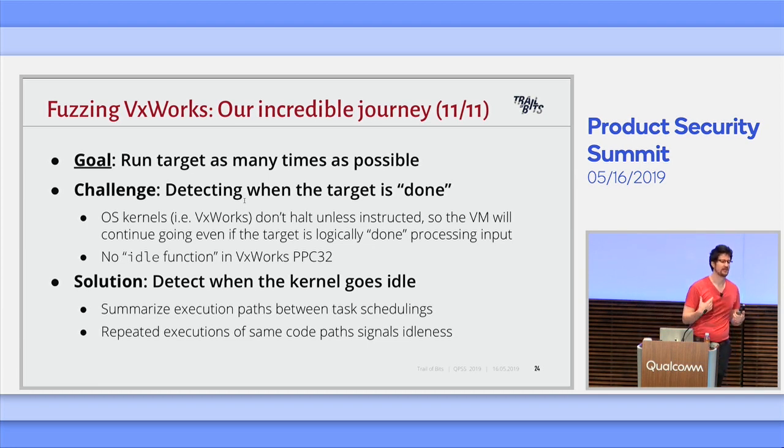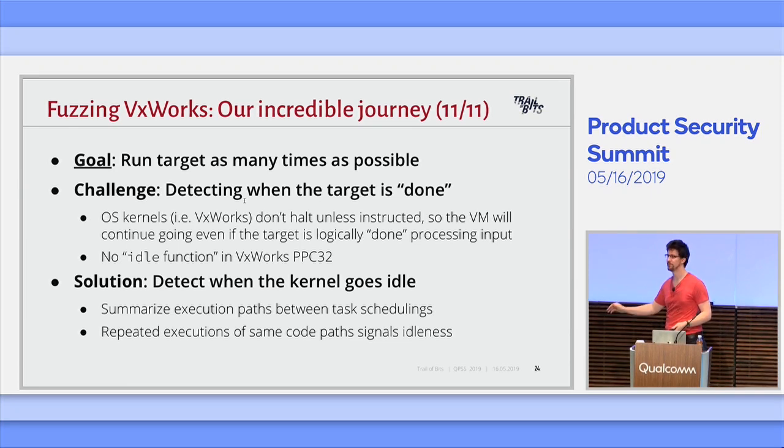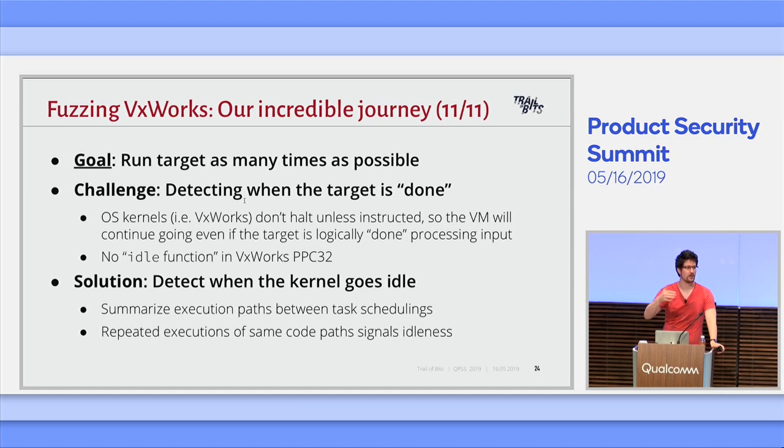So how do we detect when the program is done? Or more specifically, how do we detect when the program is done being influenced by user input? Here we built on top of our way of tracking code coverage. Instead of tracking edge coverage, we tracked path coverage.